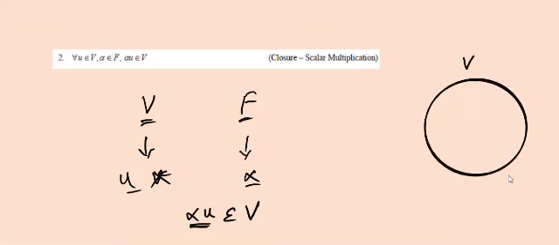That quantity must be present inside the vector set itself. I am taking u from this set and alpha from the scalar set, and I should say alpha u belongs to the same vector set.